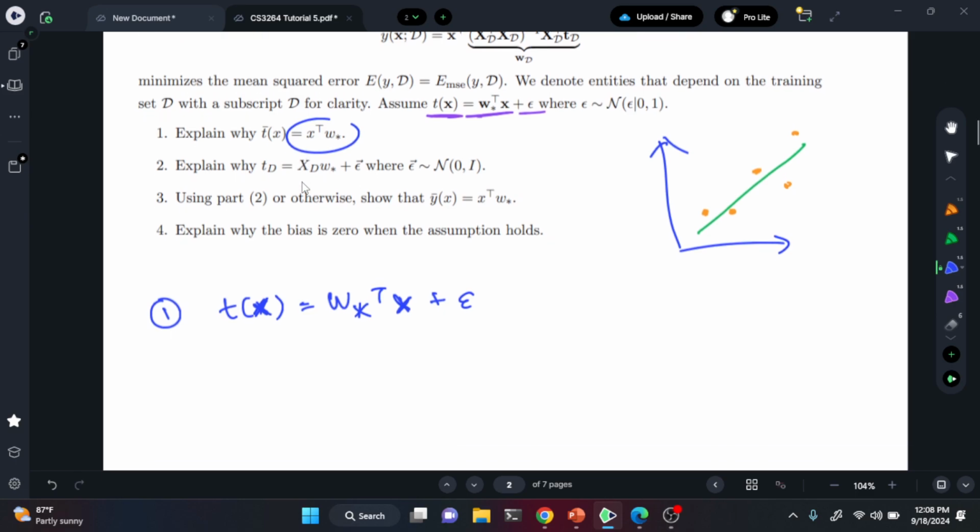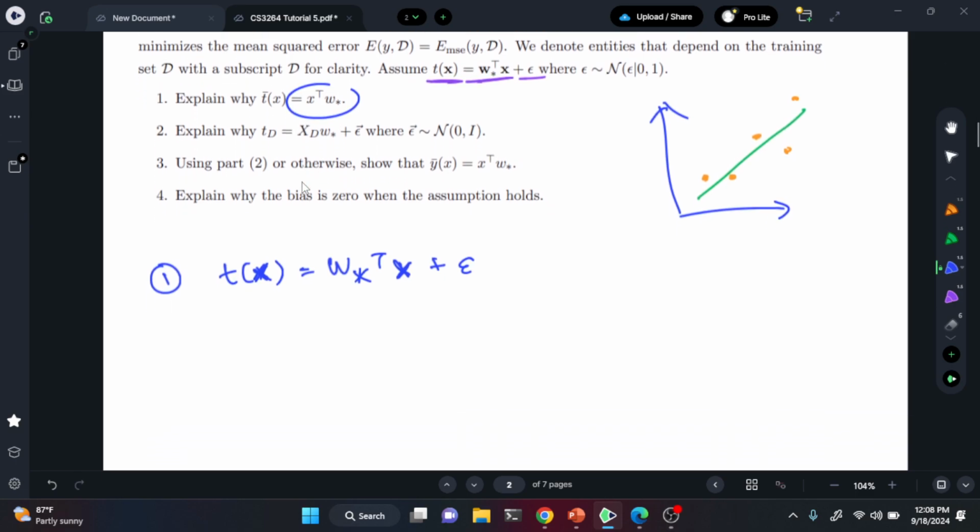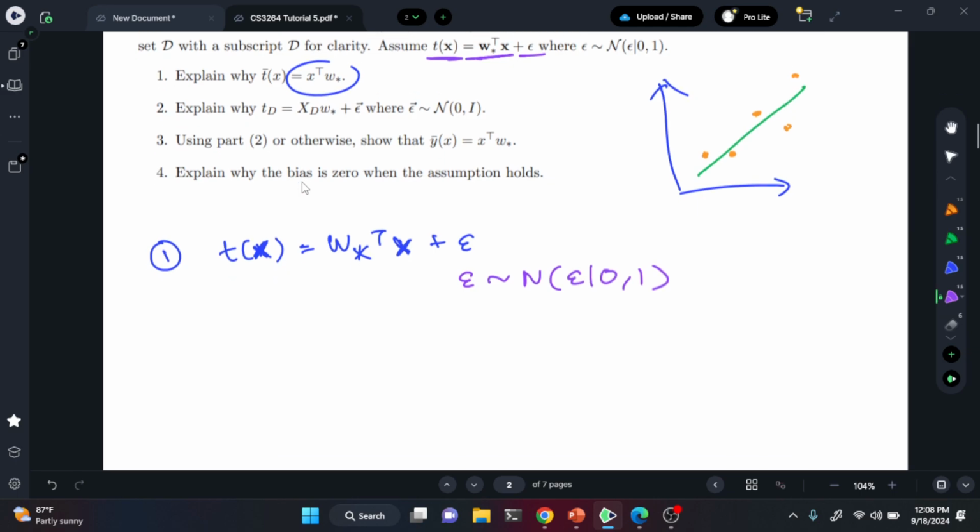Okay, this is the initial one. So I can say that since this epsilon will follow a Gaussian distribution, right? Wrong notation, sorry. So this epsilon follows a normal distribution with the mean at 0, variance at 1.